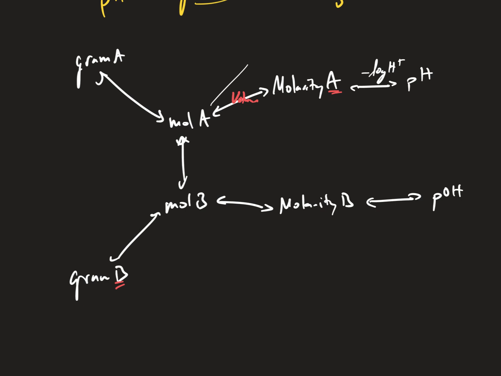But that's not on your reference sheet, so you would have to draw that in, and I don't know if that's useful or not. But this is volume, and this is negative log of the OH concentration.